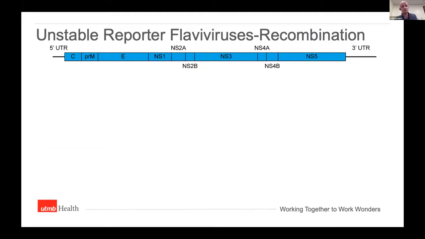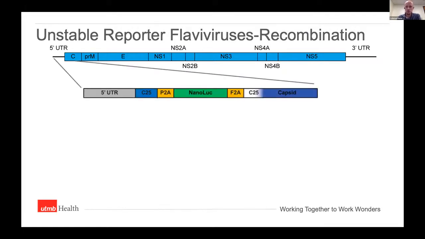Here's the scheme for a generic flavivirus genome. We have the structural proteins on the left, non-structural proteins on the right, and flanked by the UTRs. One of the best methods for creating reporter flaviviruses is sticking the reporter gene at the 5' end between the UTR and the capsid gene, the beginning of the ORF.